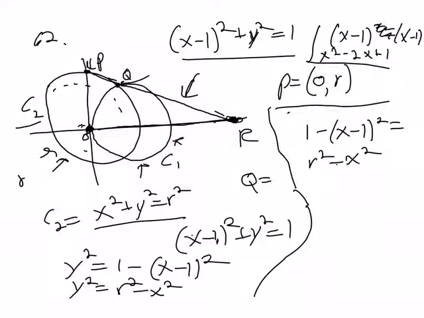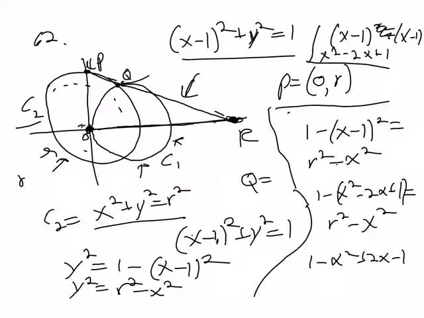So this gives me 1 minus x squared plus 2x minus 1 equals r squared minus x squared.